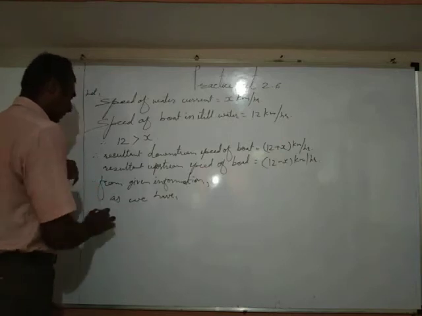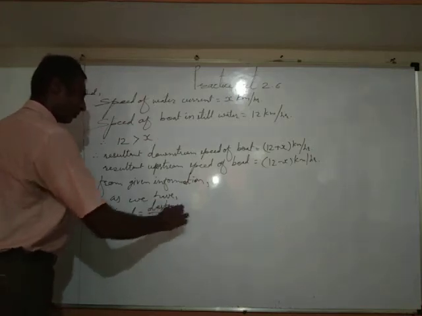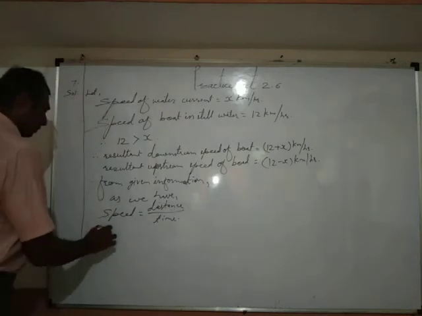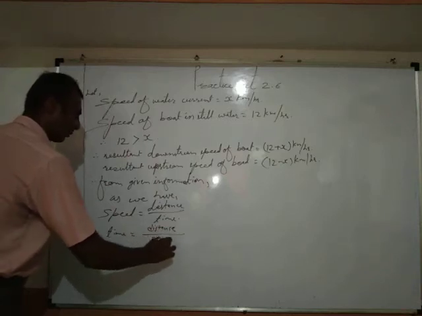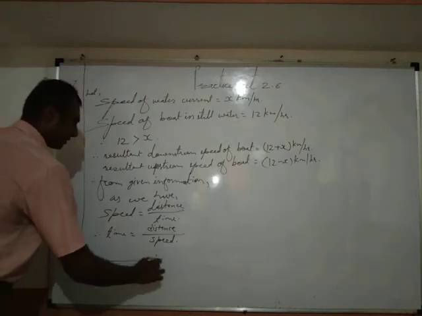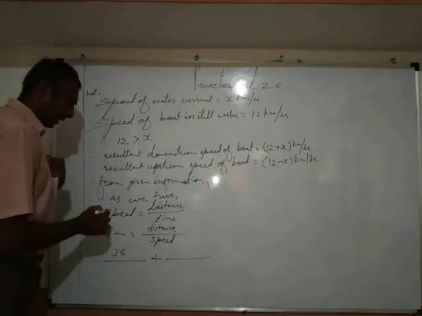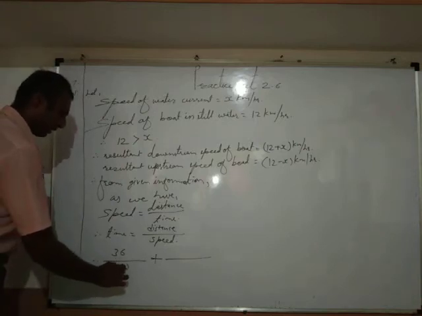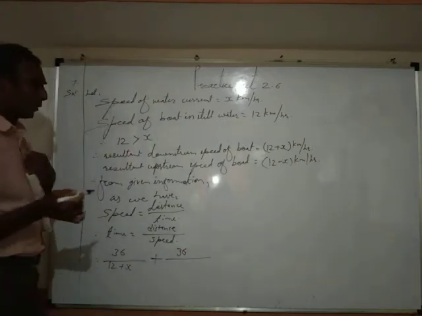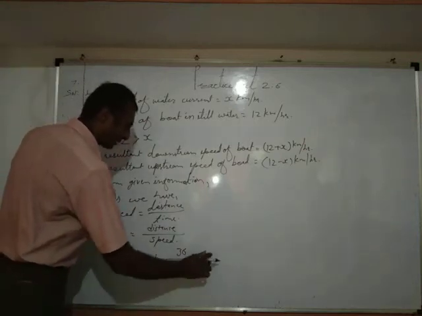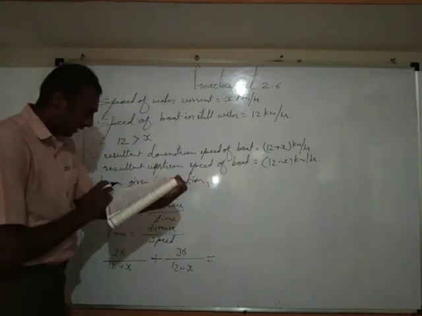speed equals distance upon time, and therefore time equals distance upon speed, and therefore for 36 km downstream, the time required to cover 36 km downstream will be 36 upon 12 plus x, and to move 36 km upstream again, the time required will be 36 upon 12 minus x, and the total time to go downstream and again to come upstream is 8 hours.